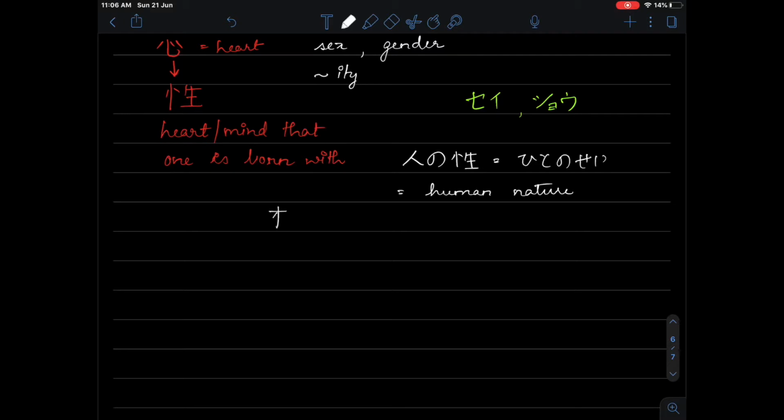Okay, this is honsho, which means someone's true nature or true personality.